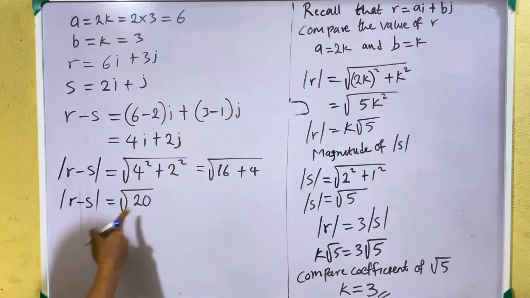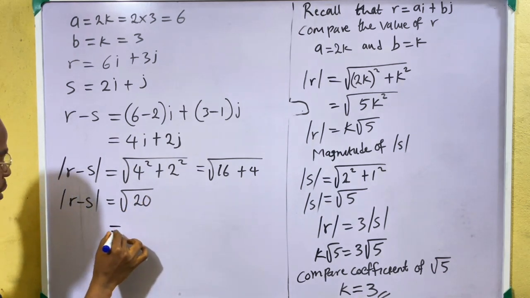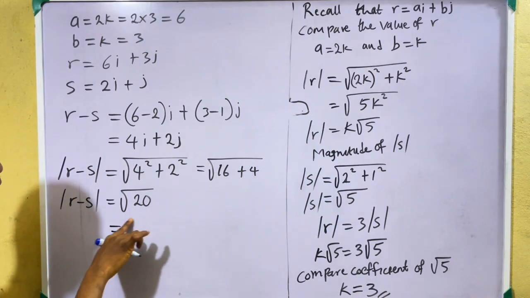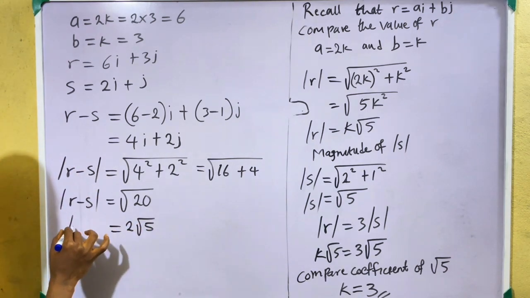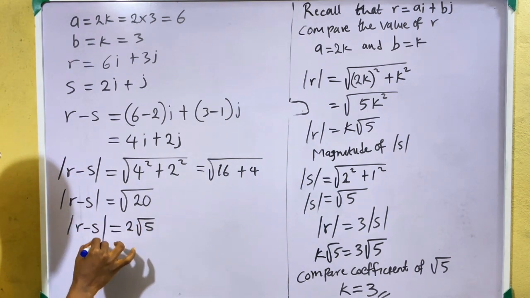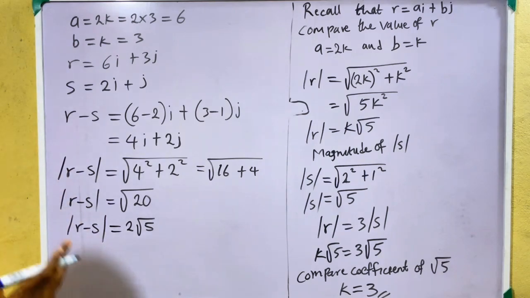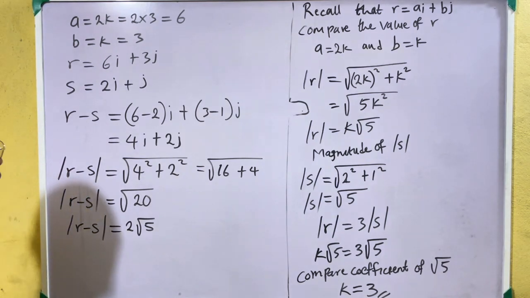We can still simplify this: 4 will be rooted out to give us 2, that's 2 root 5. So this is the value of the magnitude of R minus S.